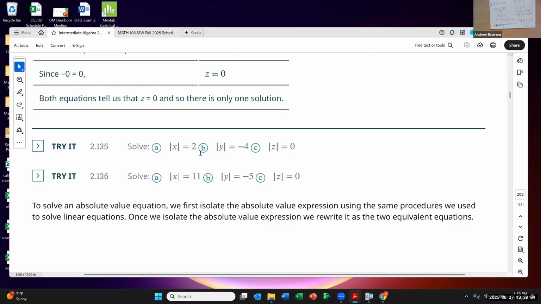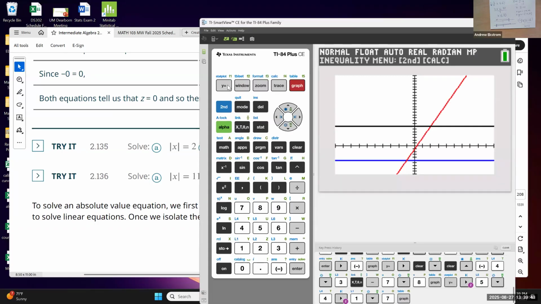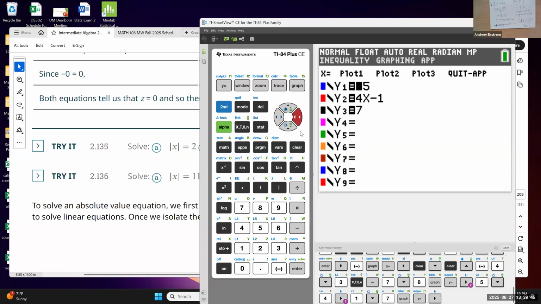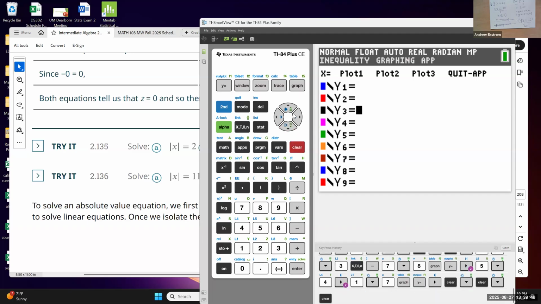And we can actually try to graph these, so we can try to get an idea about what these answers are going to be. So clear that, clear that, clear that. Then the question becomes, how do we get those absolute value signs on there? If you know how to grab them already, awesome.